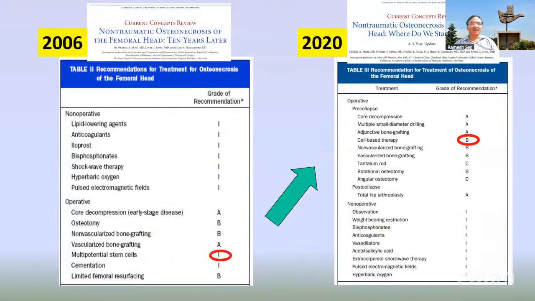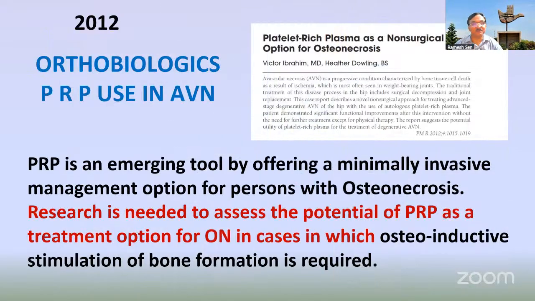And you know how things change in the current concept review, which is coming from Michael Mont's work. In his 2006 paper, he had described multipotential stem cell as stage undefined, not very well defined. Not A grade, not B grade, but undefined. But later he pulled it over to the B stage, reasonably good, just nearby core decompression, and along with it he put the cell-based therapy accordingly.